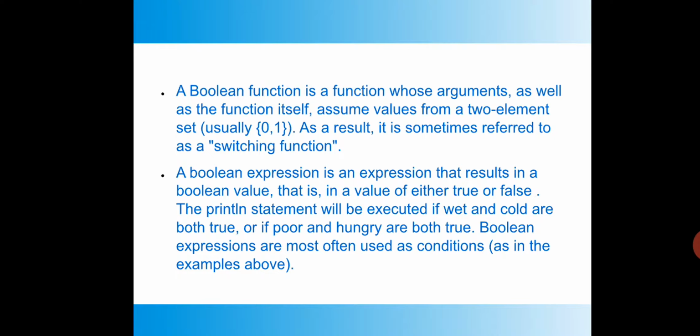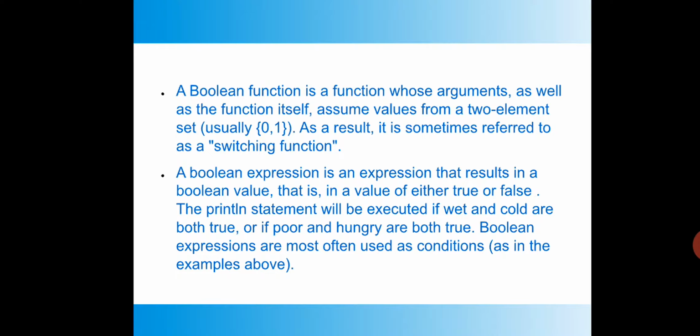Now when you have expressions, how can you deal with them and what do we mean by that, we will see. The println statement will be executed if wet and cold are both true. So it is one example, taken from some programs. If you are going for Java or C++, in any program, if you want to print some lines only if both things are true, say for example Rama has a cold and Sita also has a cold, then only you print that both are cold.